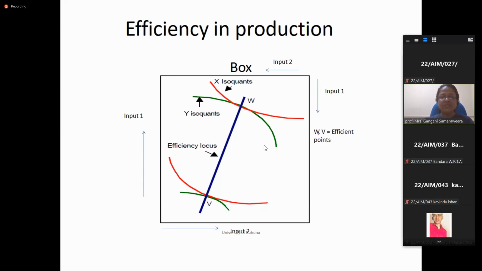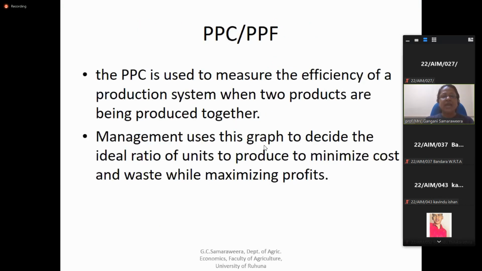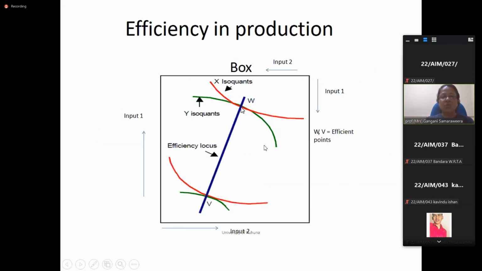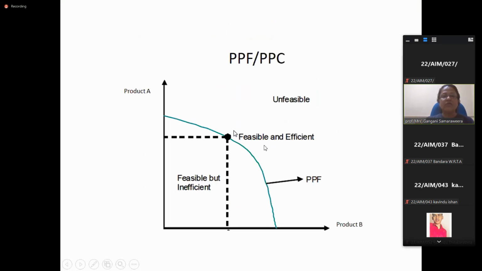Let's say here is one point, here another point. So there may be many points. When we combine these points and draw a graph related to 2 products, because by using inputs we produce 2 products, when we combine all these lines and draw a line like this, after combining all these efficient points, we draw this type of graph.